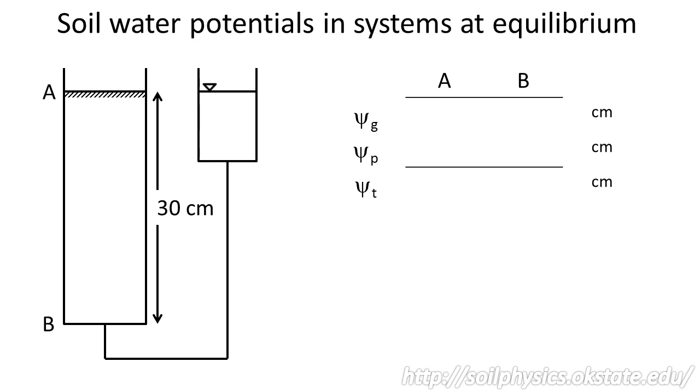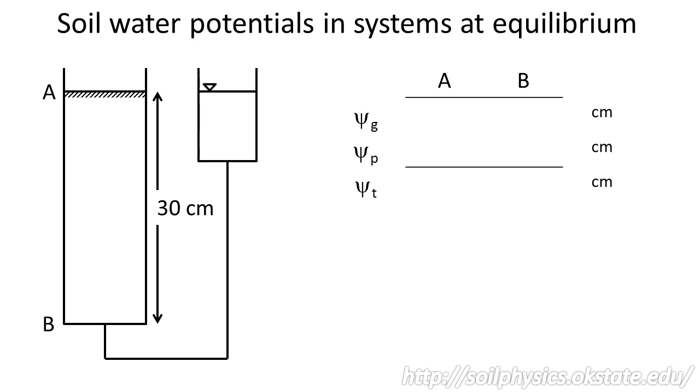Now in this case we're neglecting osmotic potentials, and we're just treating the total potential as the sum of the gravitational and the pressure potentials. Notice also that we're keeping track of our units. For each row, the units are going to be in centimeters of water.